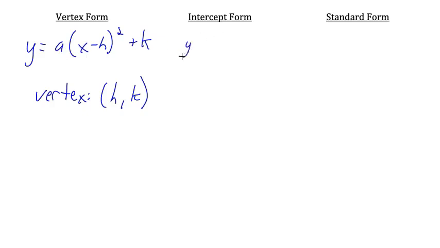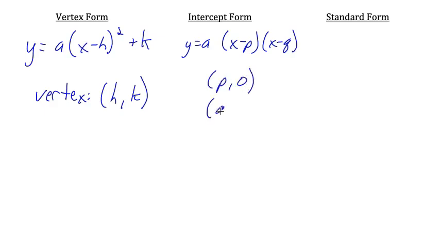Now intercept form, the p and q, those tell us the two x-intercepts. And once again, the a tells us something about the steepness. And standard form.